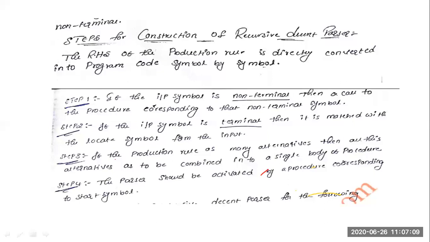Whenever a non-terminal has more production rules, all must be combined in a single procedure only. For example, E implies E plus E / E into E / epsilon. E has three production rules: the first is E equals E plus E, the second is E equals E into E, the third is E equals epsilon. However many alternatives there are, everything must be written in a single procedure.